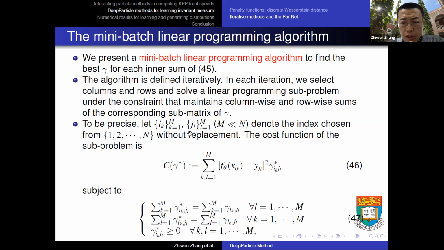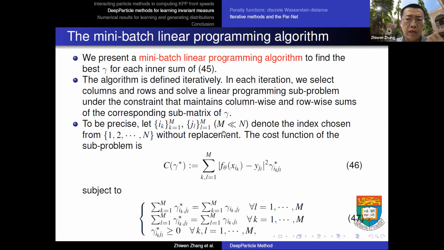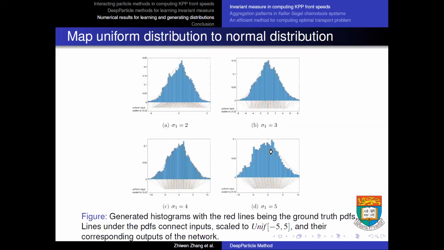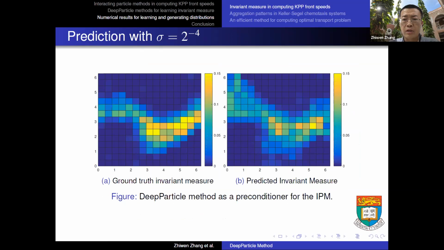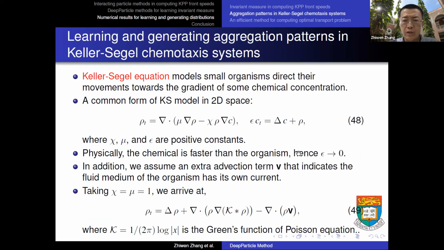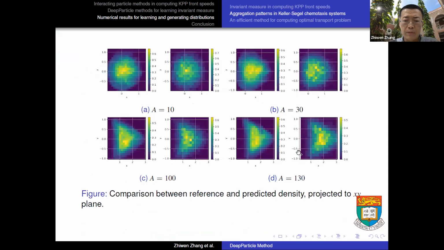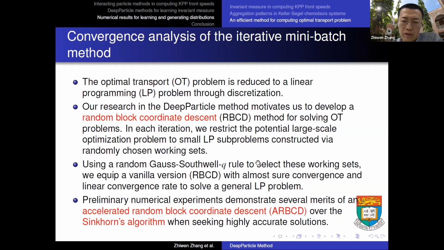Here, for example, I just say randomly choose M indices. So this is fully random, not an educated choice. However, if you add some more information, a smarter choice, then you can speed up. However, we don't know how to prove the convergence. We are still working on this.